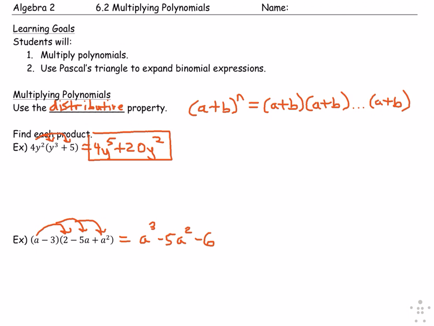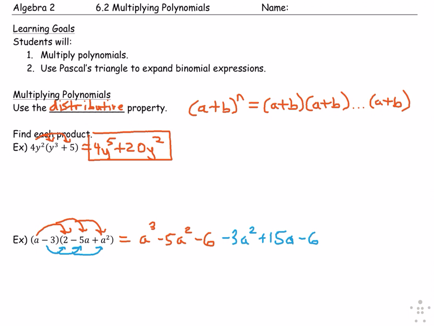And now I will distribute the -3. Remember in higher mathematics, there really isn't subtraction, it's just addition of negatives. So I'm going to treat that -3 as such when I distribute. And I get that series of monomials.